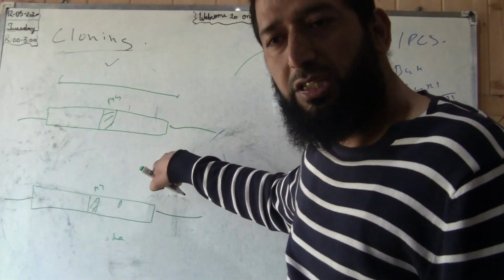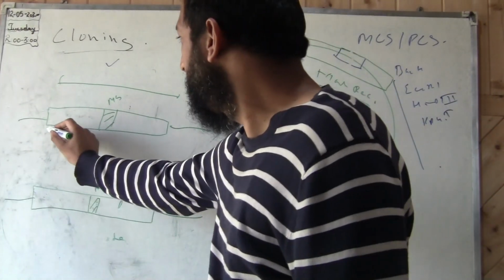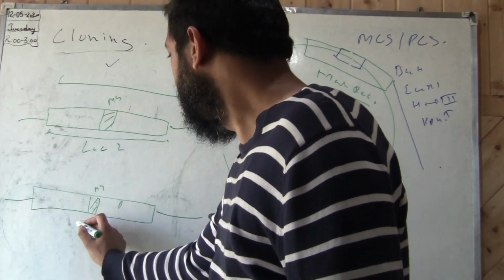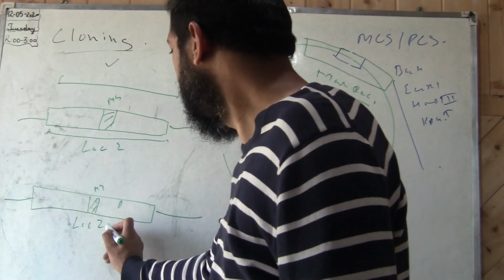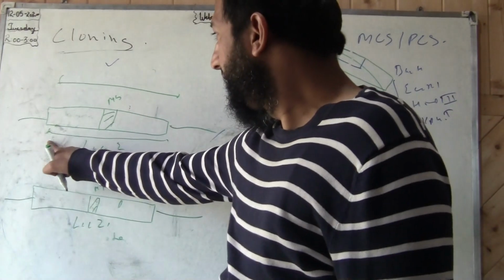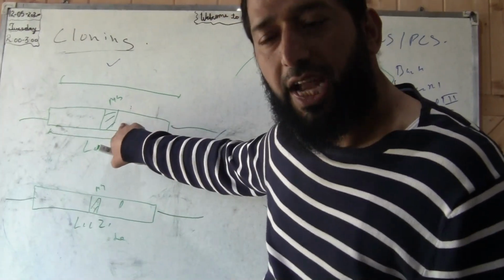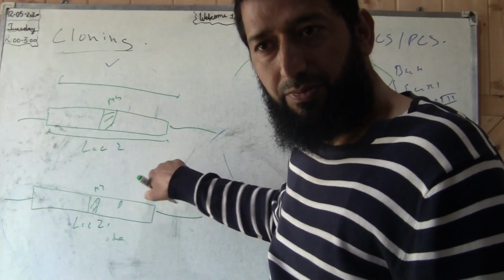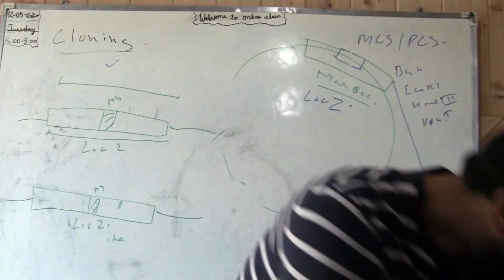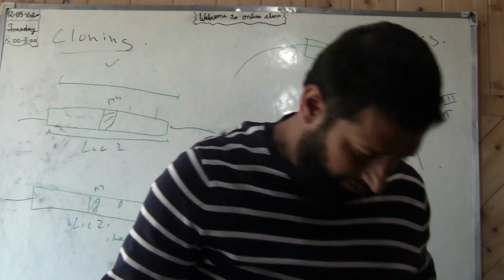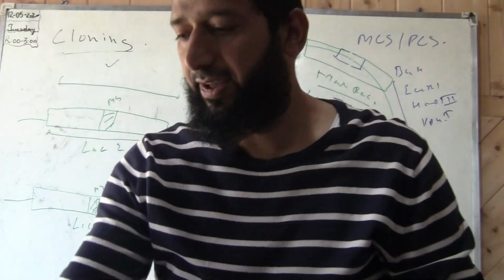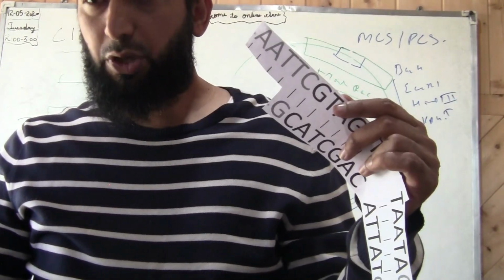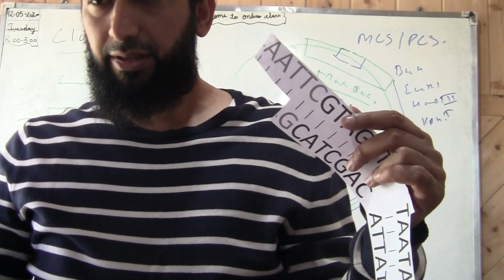This is LacZ, the LacZ marker. If we have not digested this with restriction enzyme, this LacZ is functional. If we take a restriction enzyme, we break this LacZ because the multiple cloning site is in between the LacZ.